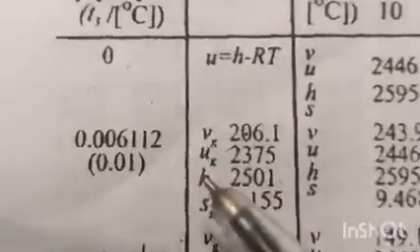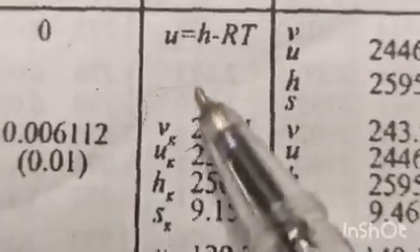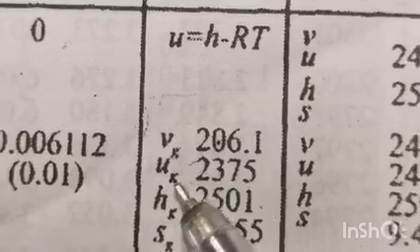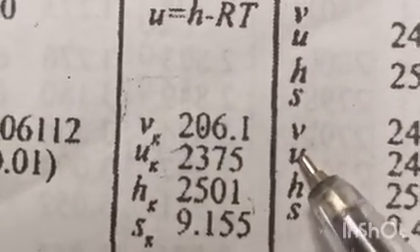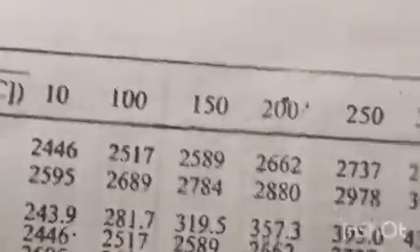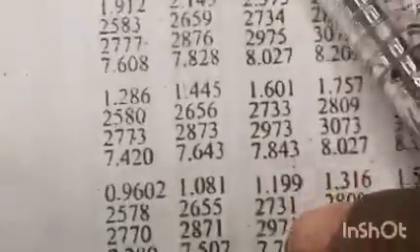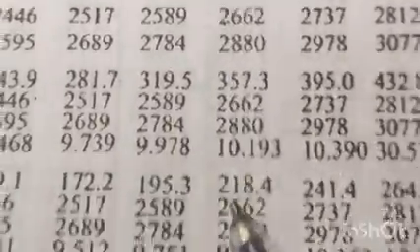And remember, the first line is always specific volume, which is Vg. The second line is specific internal energy, that's at the gas, Ug. So the second line always shows specific internal energy. So we're looking for 200 degrees Celsius corresponding to 4 bar.